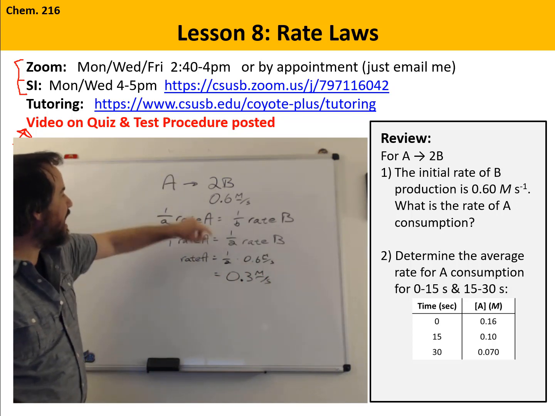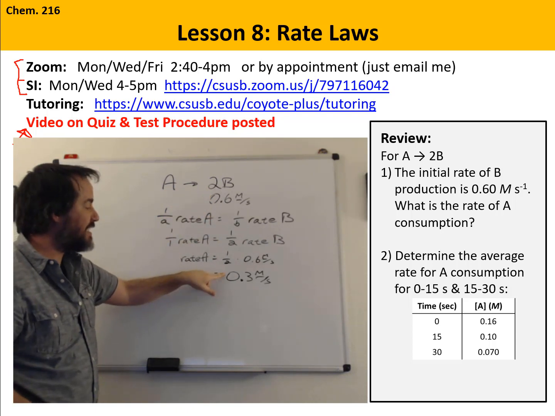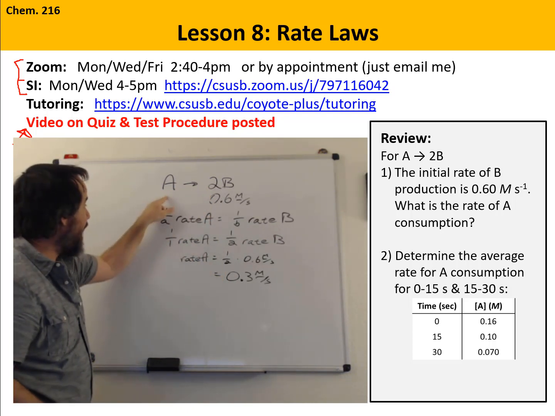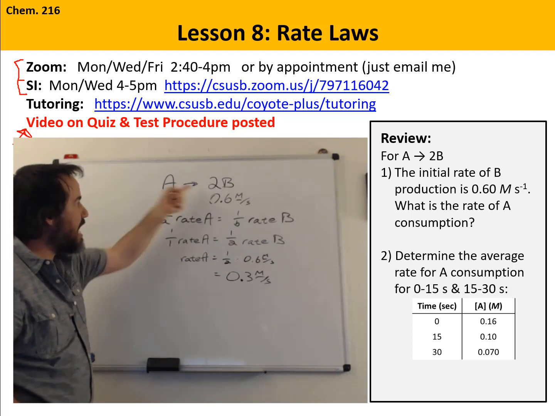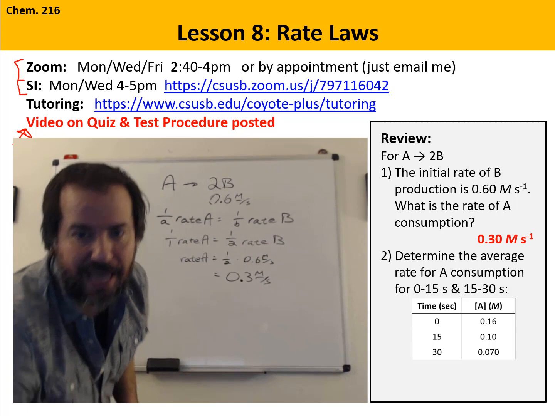This makes sense because if B is increasing by 0.6, A has to decrease at half the rate, because A goes to 2.